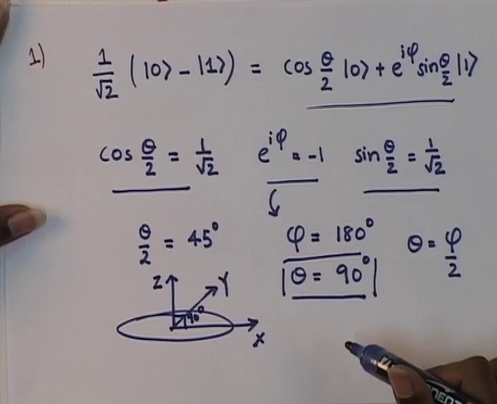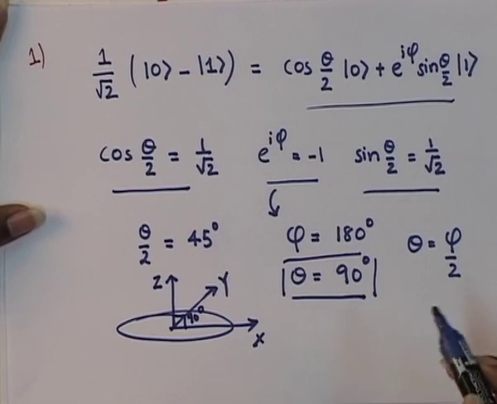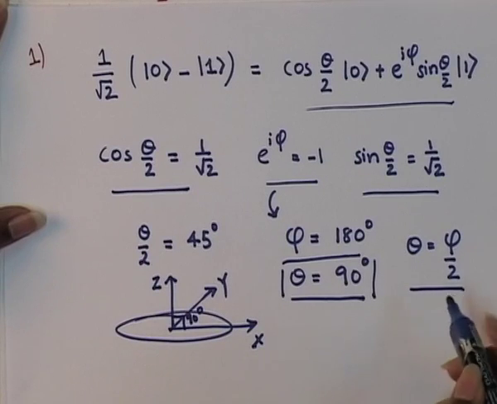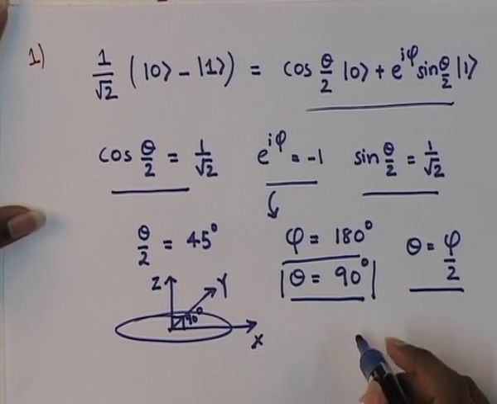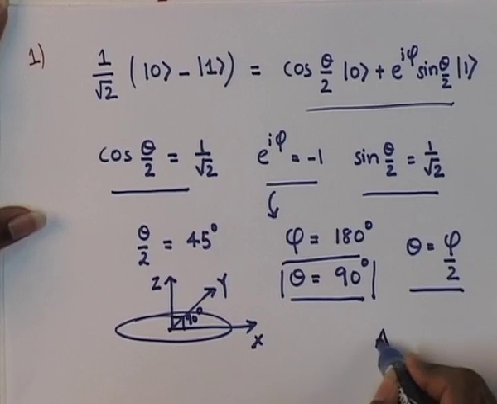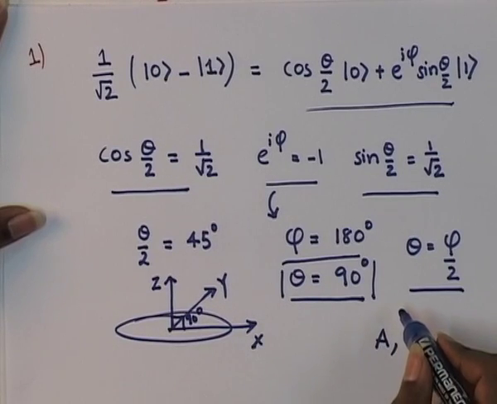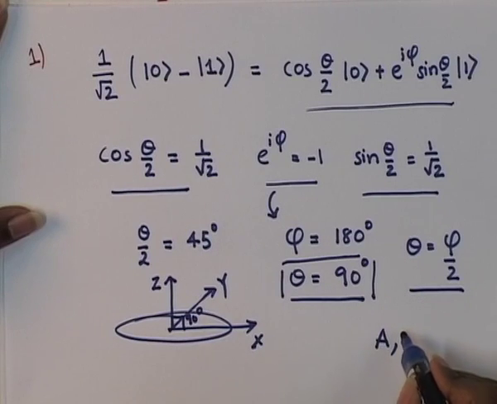So the answers to this question are A, which says theta is phi by 2, and the option which says the state lies in the equatorial plane.